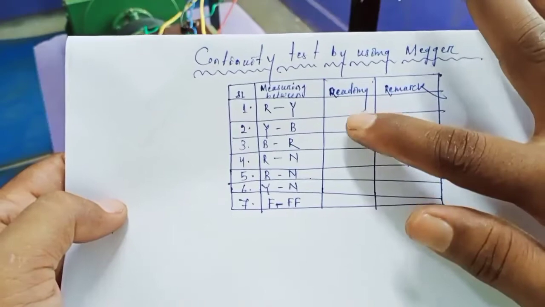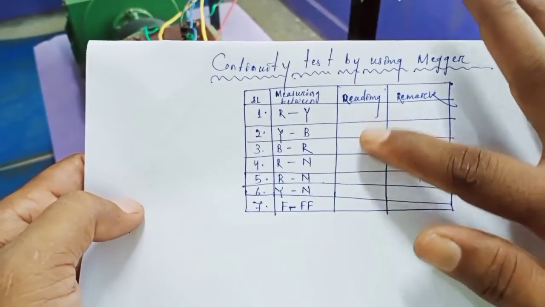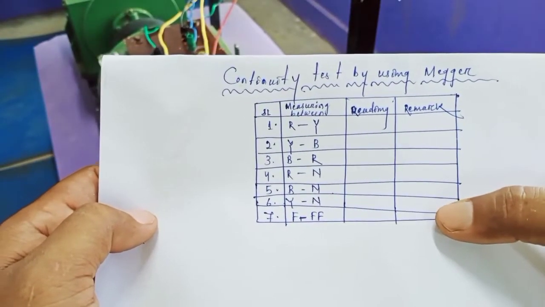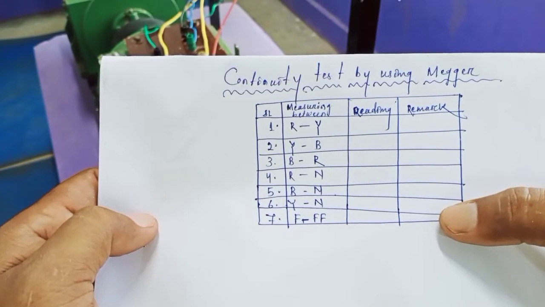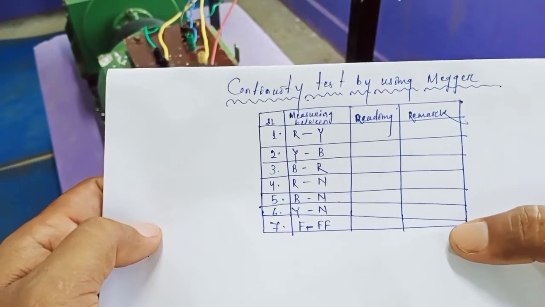We note down the measured reading from the Megger, and then we write the remark, that is, continuity or no continuity, meaning open.